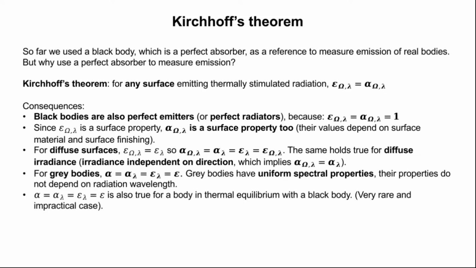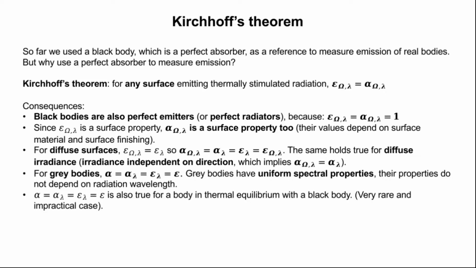Since directional spectral emissivity is a surface property, directional spectral absorptivity is a surface property too. This means that their values depend on surface material and surface finishing. As we saw in the previous slide, diffuse surfaces have directional spectral emissivity, epsilon omega lambda, equal to hemispherical spectral emissivity, epsilon lambda, as they emit radiation with intensity which does not depend on direction.